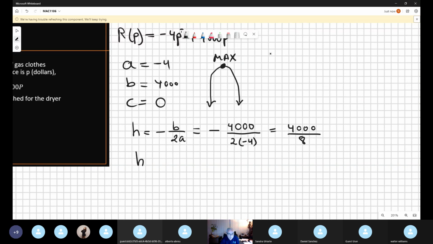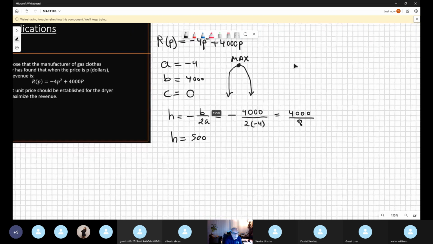H is 500. But what is the interpretation? 500 what? Dollars? Or is it P, no? Remember, our independent variable is P, which is equivalent to X, and X matches perfectly with the H, it's dollars. So the optimal price is $500.